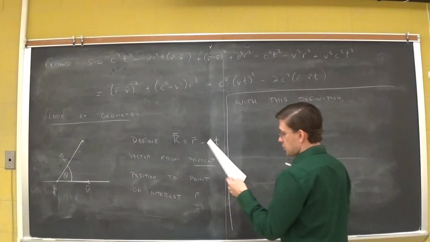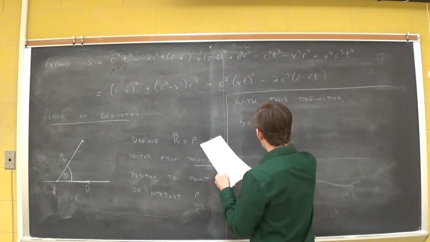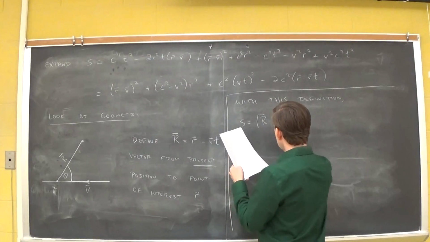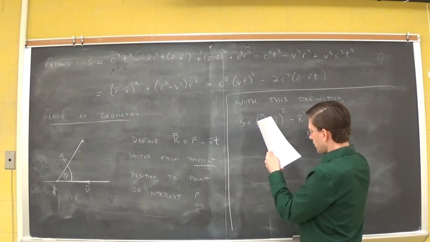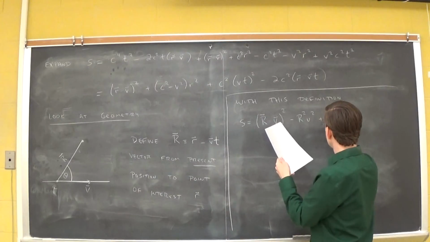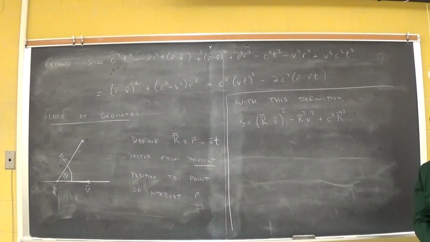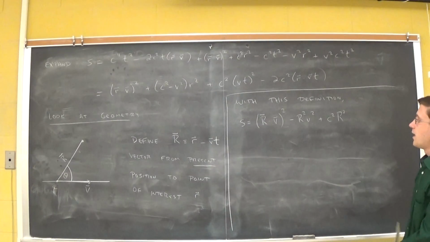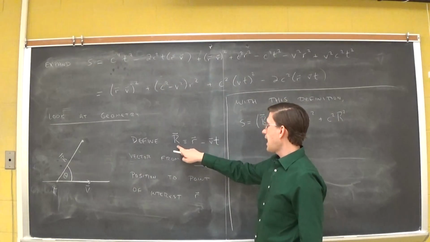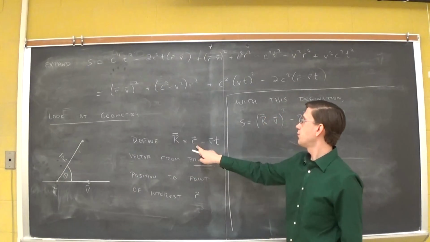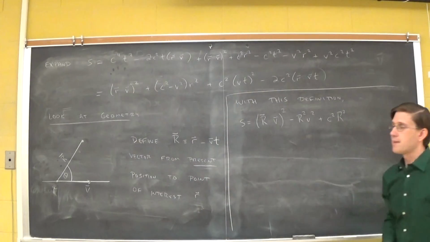So with that definition, S we could just write down as (capital R dotted into v) quantity squared minus capital R squared v squared plus c squared times capital R squared. And all I've done to do that is to imagine rearranging, capital R plus vt is equal to lowercase r, and then I made that substitution everywhere in that expression.